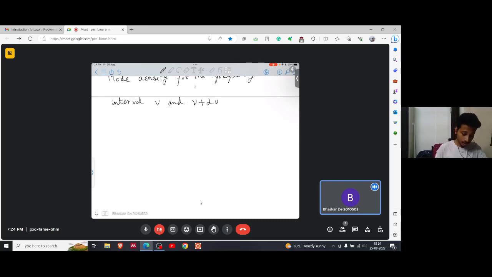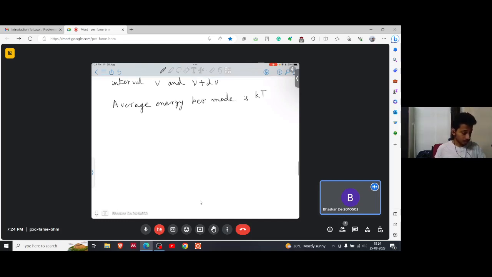Now if we assume the average energy per mode is kT, then we can obtain the energy density u nu of radiation per unit volume within the frequency nu to nu plus d nu.